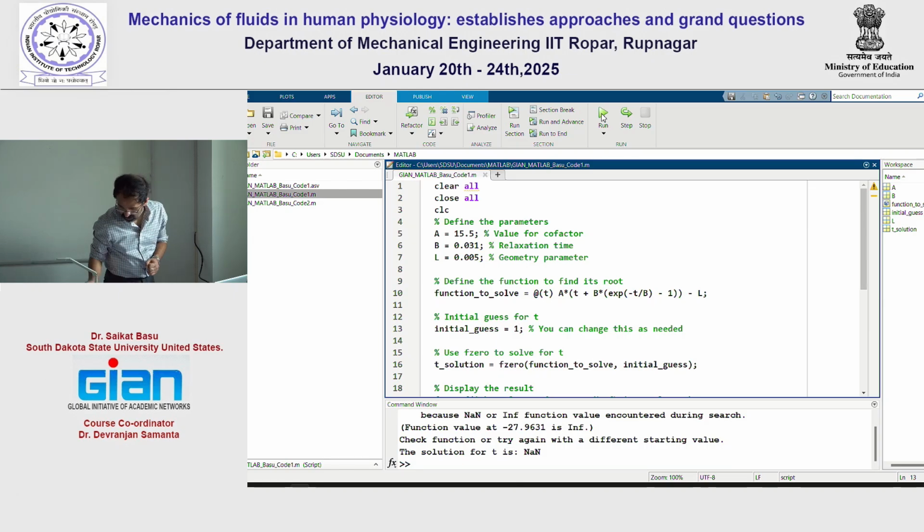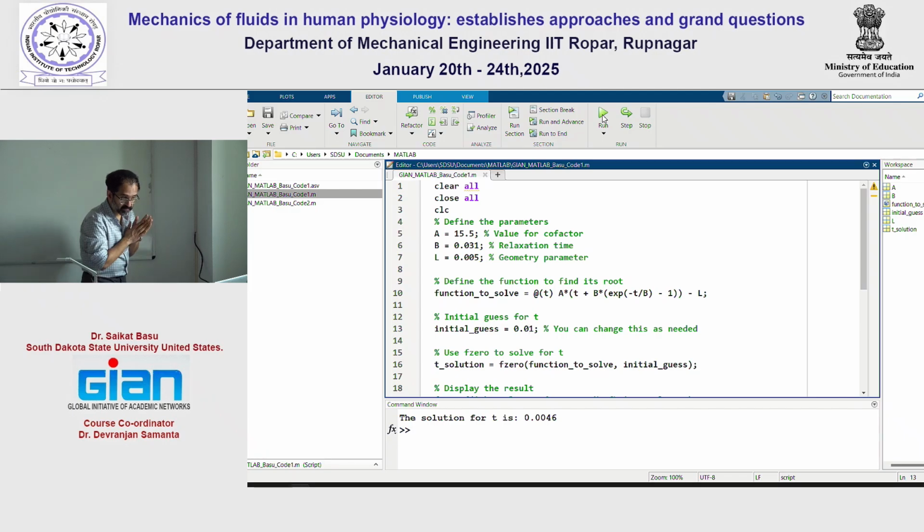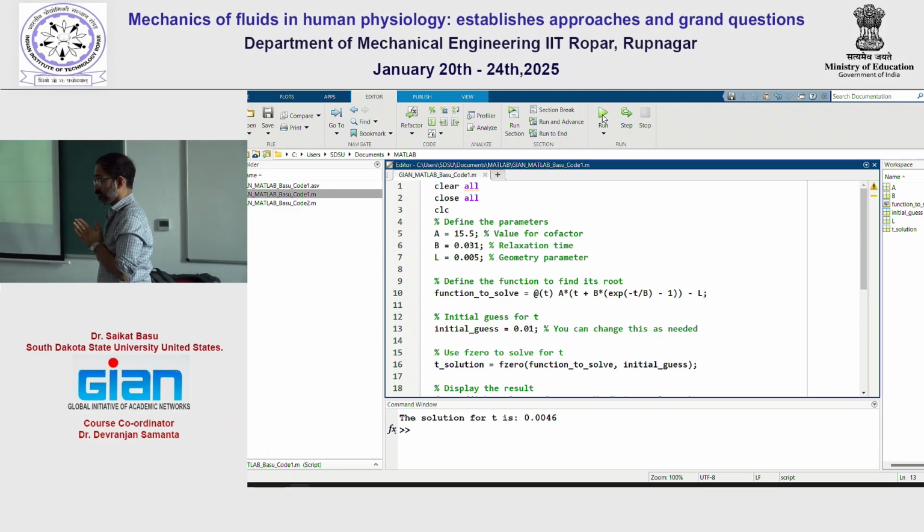And we still don't get a converged solution, so we have to make it much smaller. Let's try the next smaller order, so 0.1. Still nothing. So let's make it one order smaller, 0.01. And now we have an answer, 0.0046 seconds.